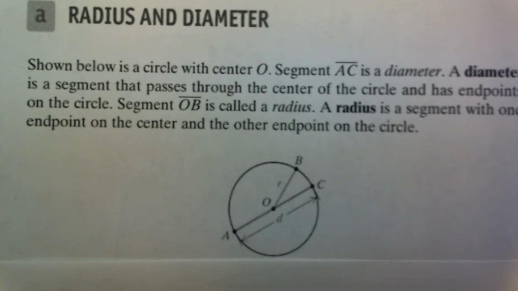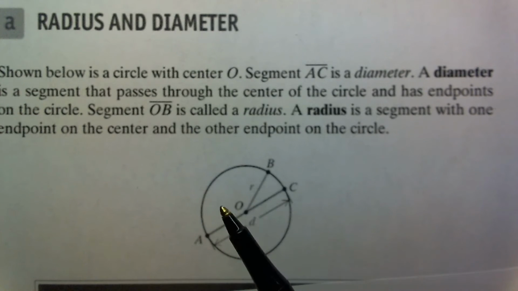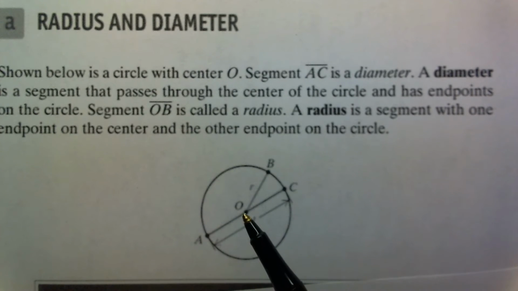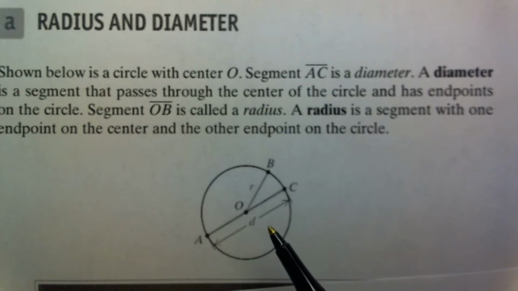So it has a center in the middle, O, and a line which goes across through the center is called a diameter, and then a segment from the center to the circumference is called a radius. So we have a radius, we have a diameter, and we have a center, and this, of course, is a circumference.